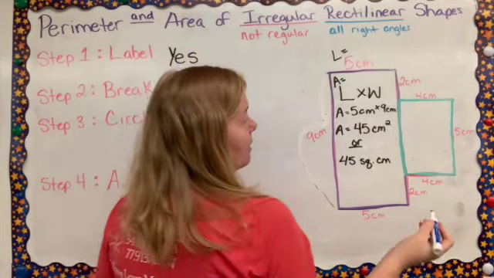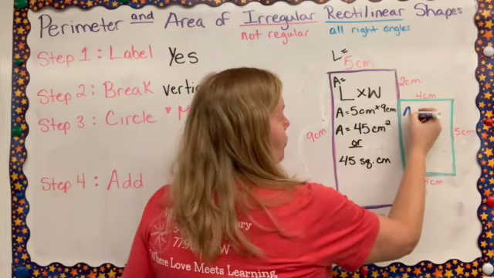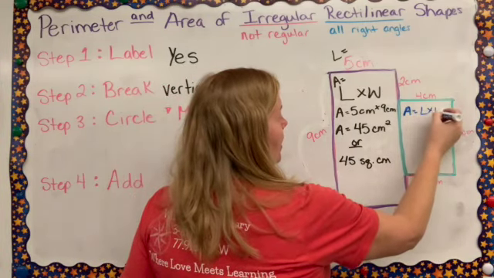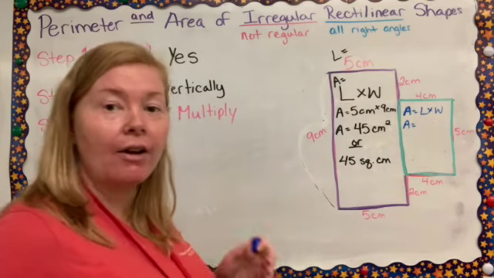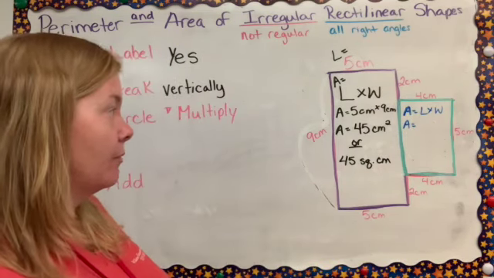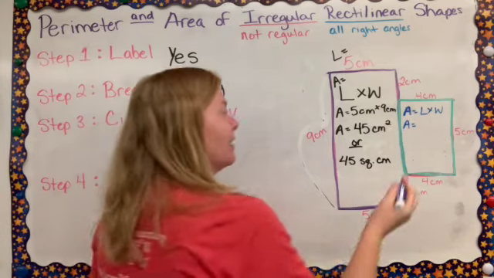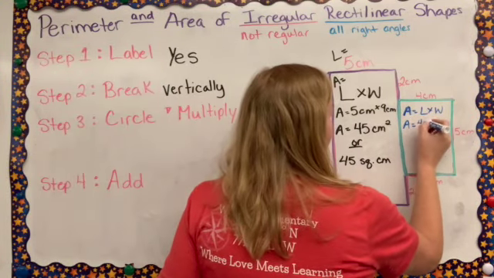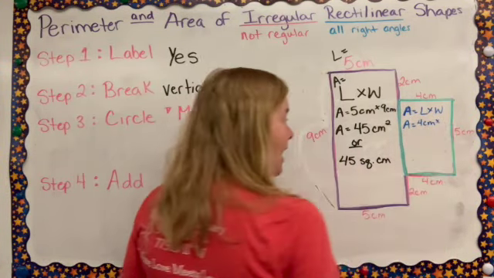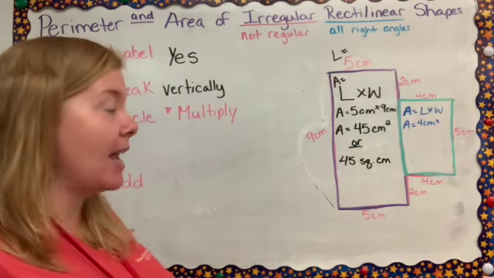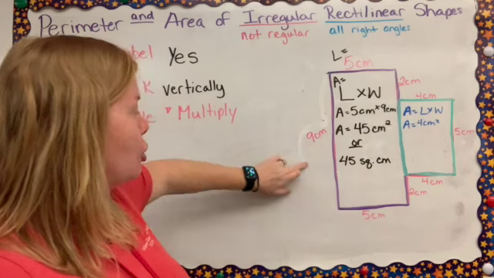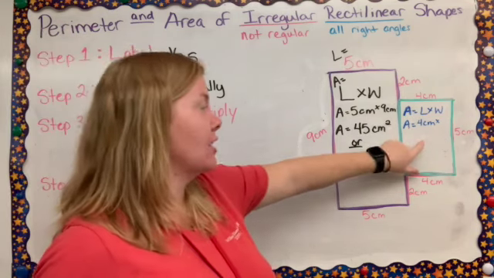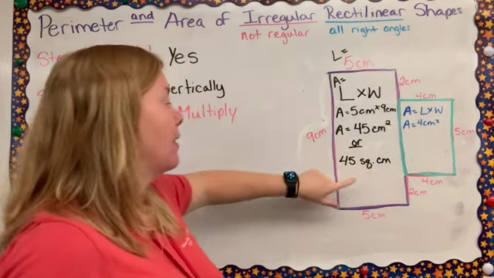All right. Area equals length times width. What is the length of the green rectangle? Good. 4 centimeters. You guys are getting really good at this. Times what is the width? Now pay attention because the width over here was 9, but you can obviously tell that this rectangle is smaller than this rectangle.